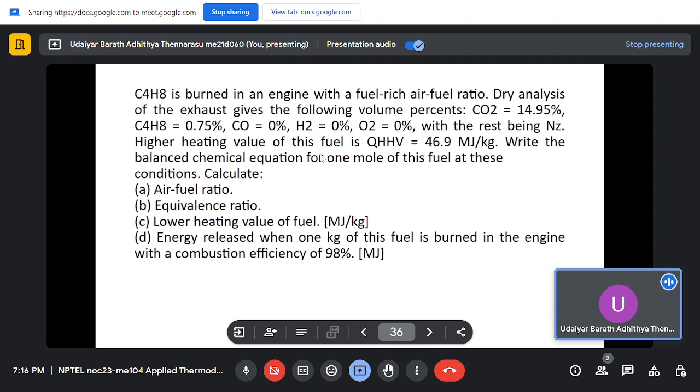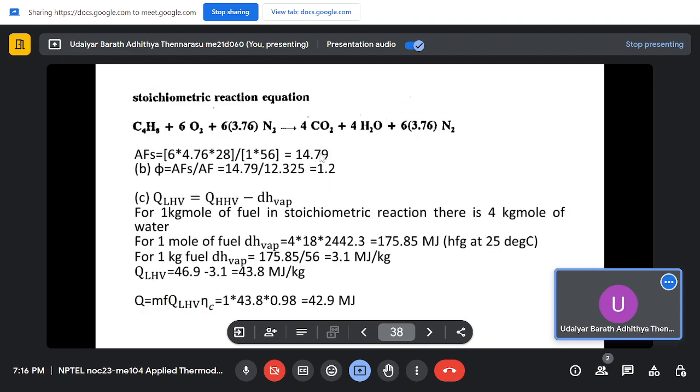Now the next question is the lower heating value of the fuel. The lower heating value of the fuel is the way of neglecting the water after condensation. If you remove the amount of latent heat of water from the HHV, that will give me the lower heating value.